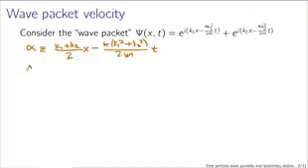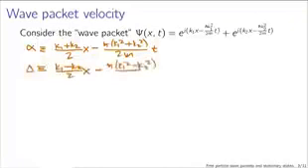I'm also going to define a parameter delta, which is k1 minus k2 over 2 x minus h bar k1 squared minus k2 squared over 2m t. Actually, sorry, I don't mean 2m's here. I mean 4m's here, because I have a factor of 2 from the over 2m, and I have a 1/2 essentially from the way I'm combining the two terms.